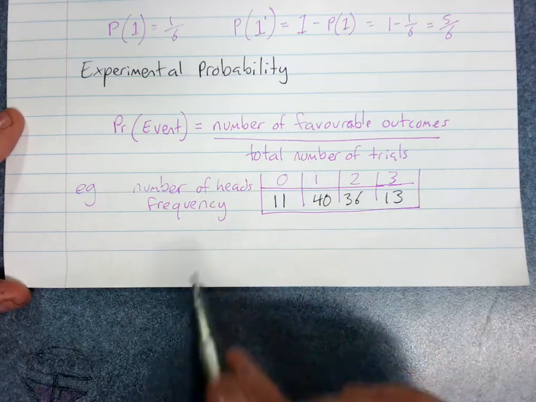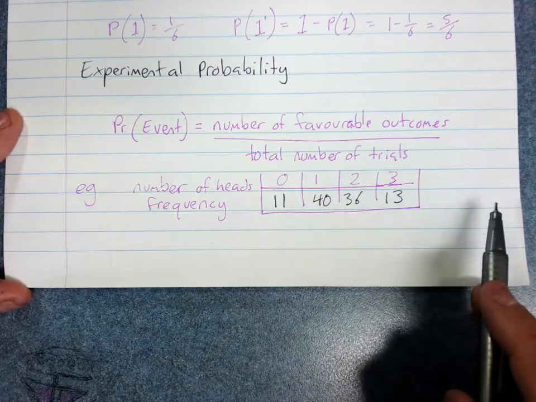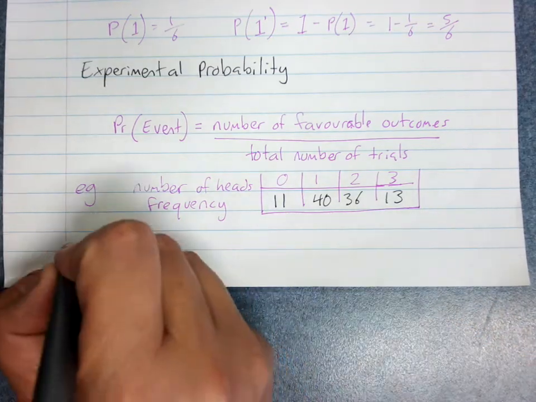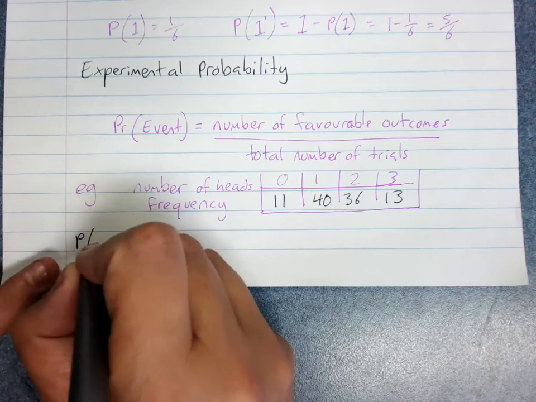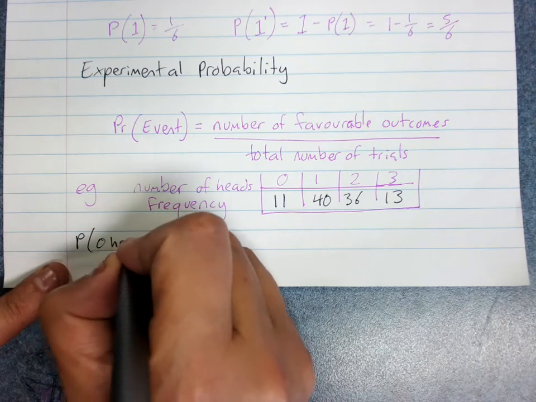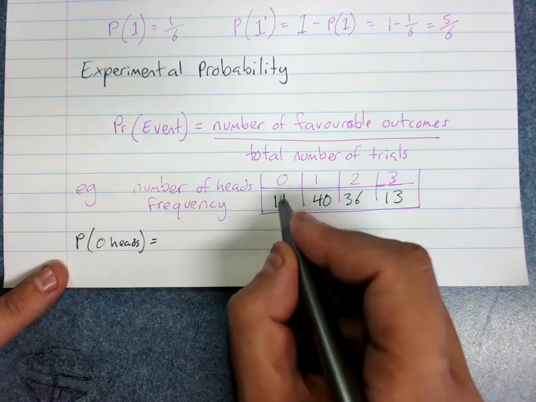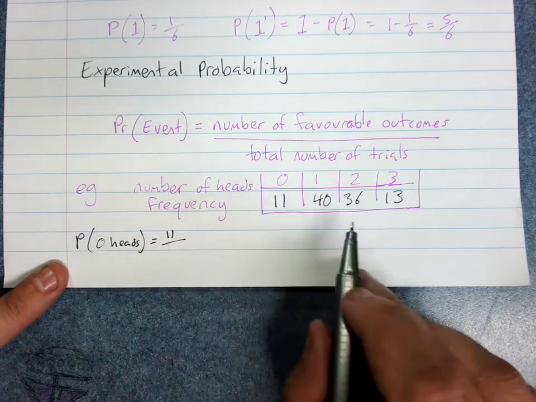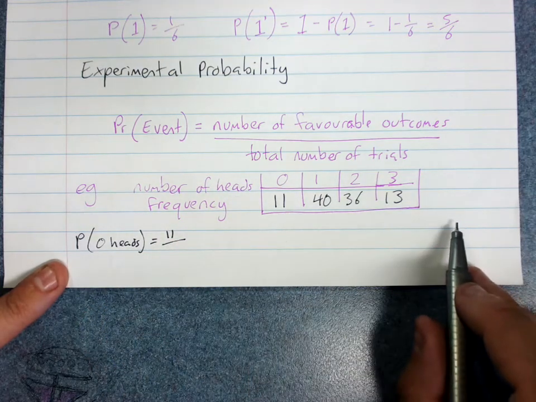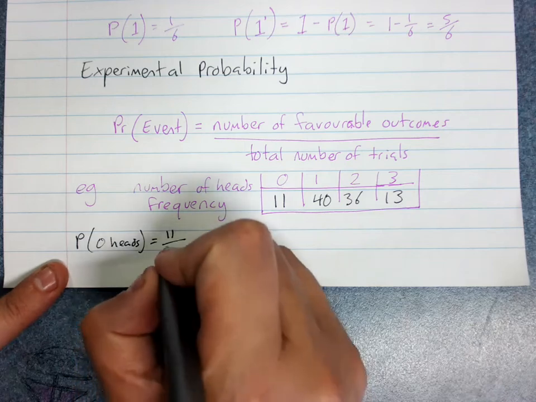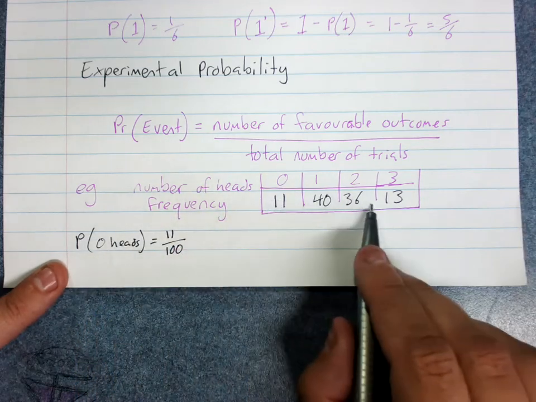So basing a probability on this would be experimental probability. So the probability of 0 heads is going to be that happened 11 times out of a total of 100 trials. Adding those up gets me 100.